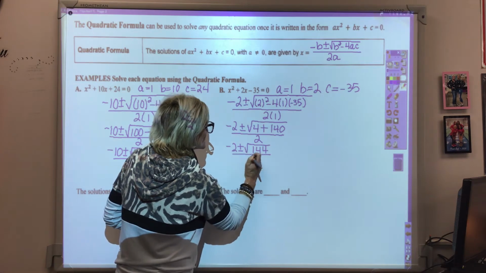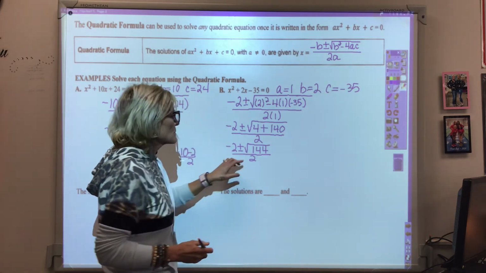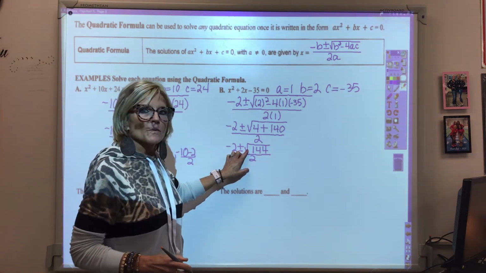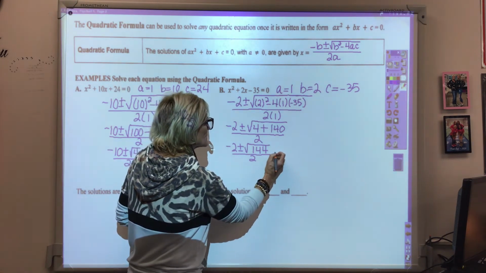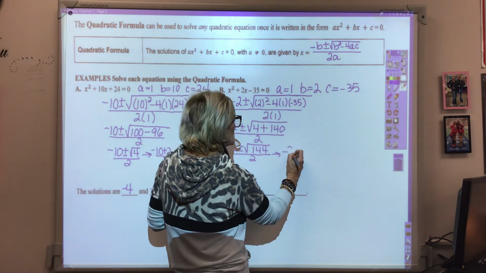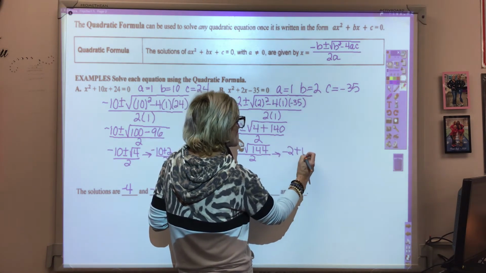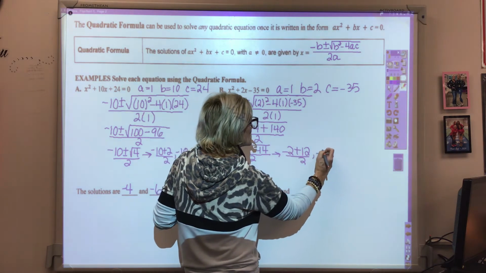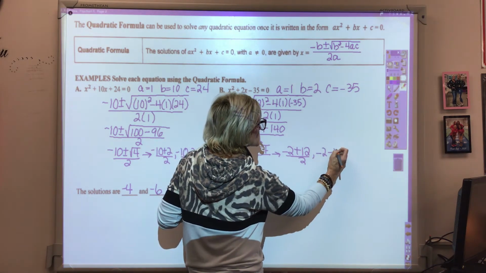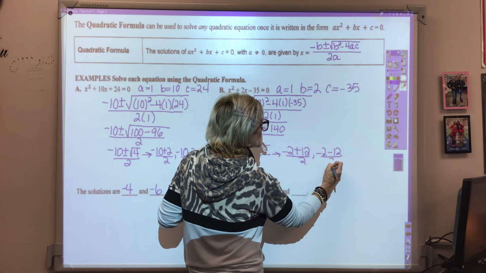All divided by 2. The square root of 144 is 12, so this would be negative 2 plus 12 over 2, and negative 2 minus 12 over 2.